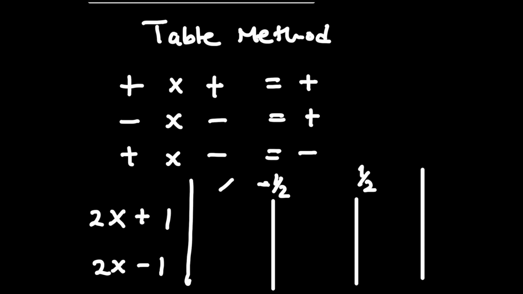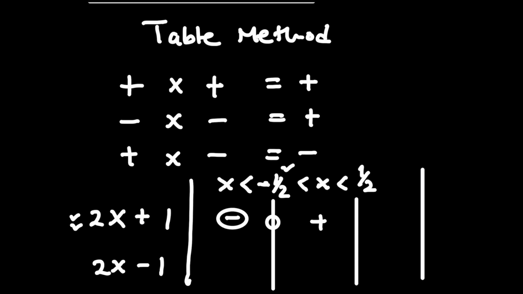Choose any value of x less than minus half, let's say minus 10. If we insert it here, we get a negative value. At x equals negative half, we get 0. Choose any value of x between minus half and half, and we get a positive value.